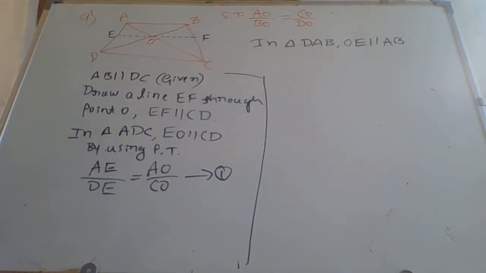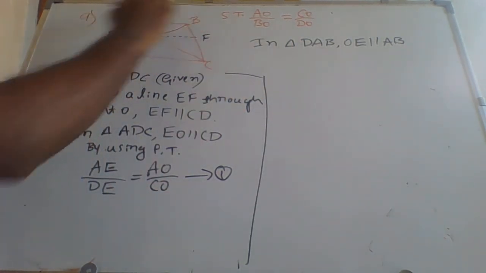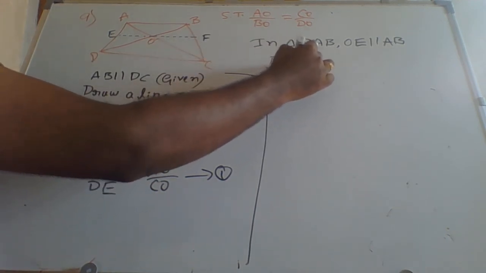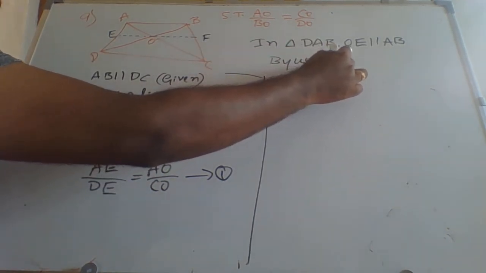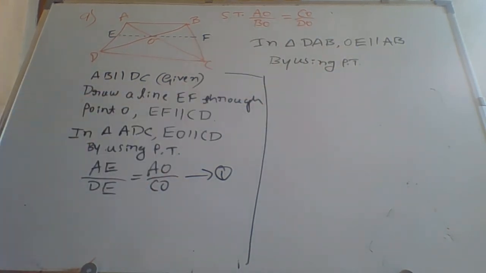So now, what can we write by using the proportionality theorem? Again, if this line is parallel to AB, by using the proportionality theorem, what can we write here?